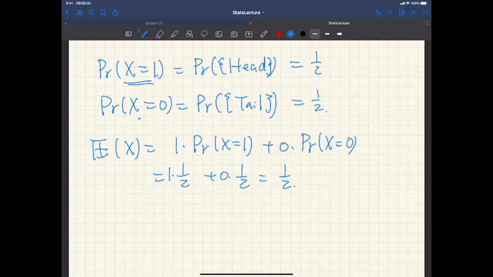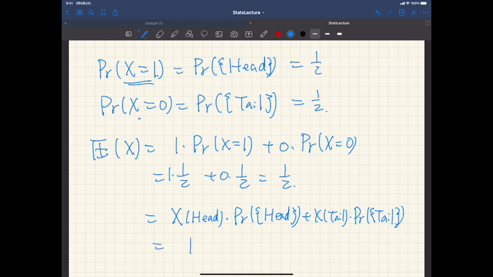If we use the second definition, we will have x of head times probability of head, plus x of tail times probability of tail.